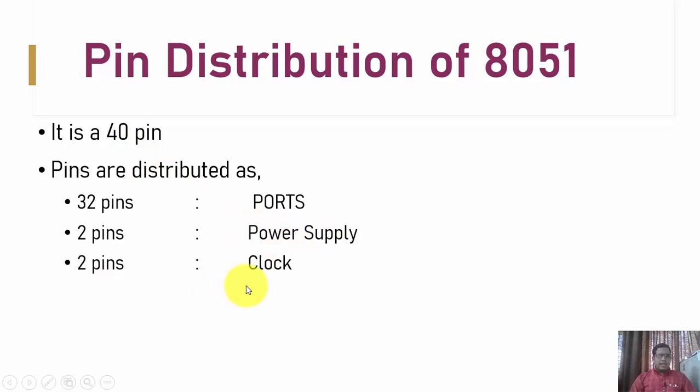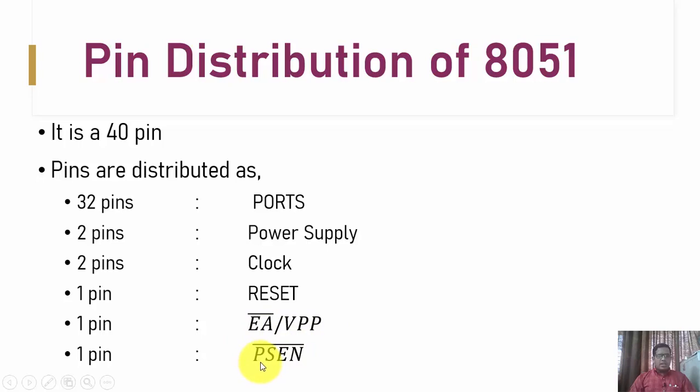Two pins are set aside to fulfill the clock requirement of the controller. One pin deals with the reset operation. One pin deals with external access, that is a memory related activity, and the last one is used to deal with external memory.